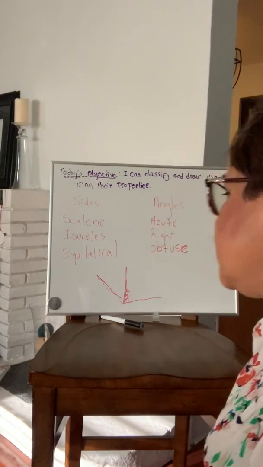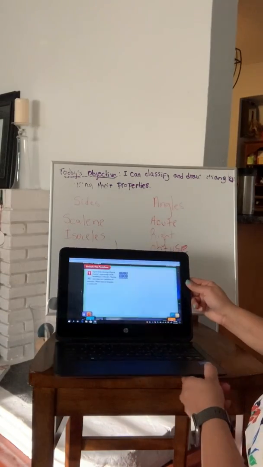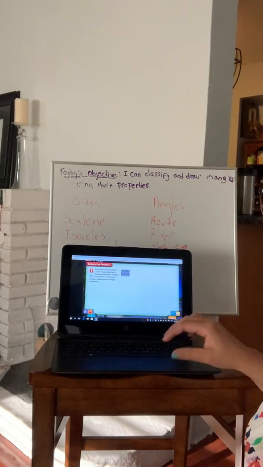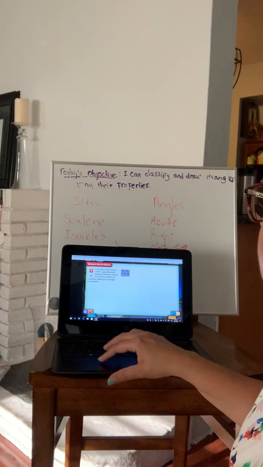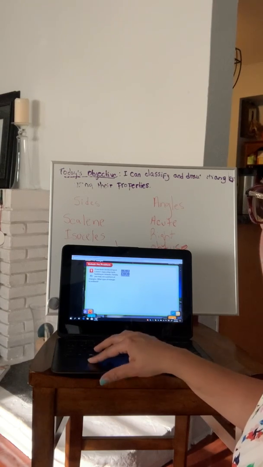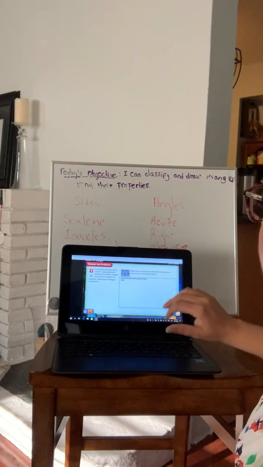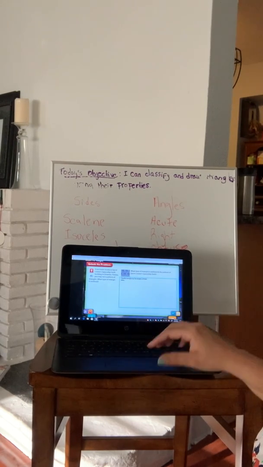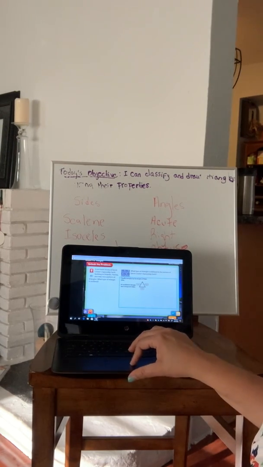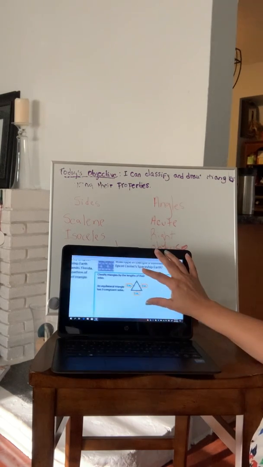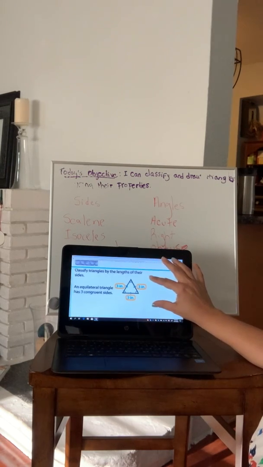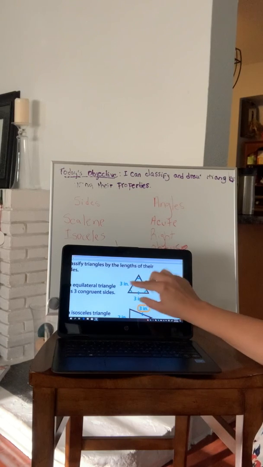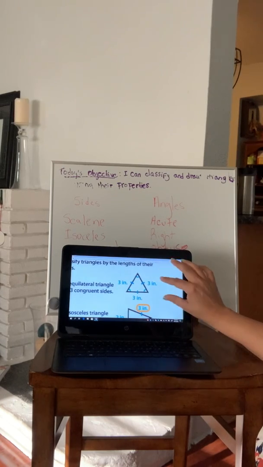Now, I want to put this in here for you to see if we can see. All right, let's look at the triangles by the length of the sides. If you can see here, it's an equilateral triangle because each side is the same. Can you see that?